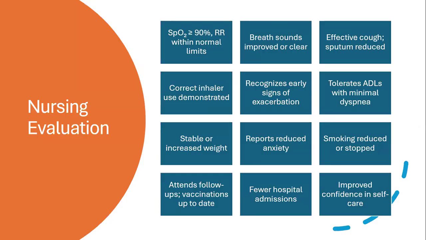After all the implementations you give, there is evaluation that you need to do based on the nursing outcomes. The first thing is you need to make sure that their SpO2 is more than 90%, respiratory rate within normal limits, clear breath sounds, improved effective cough and reduced sputum.